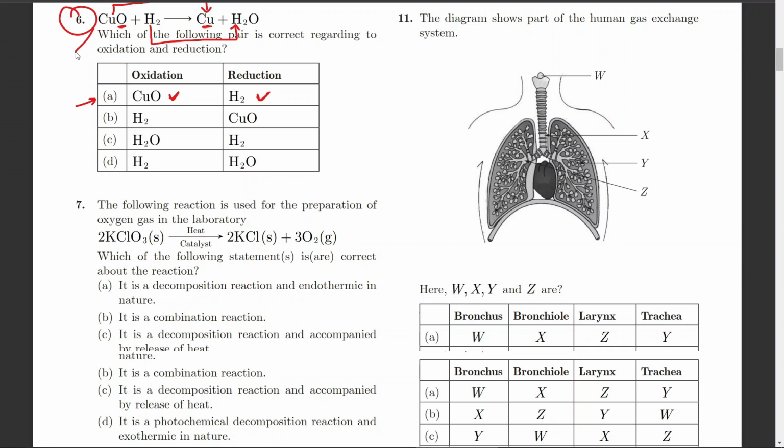So here we can see that copper oxide is losing oxygen and hydrogen is gaining oxygen. That means copper oxide is getting reduced and hydrogen is getting oxidized, right? So oxidation is happening for H2 and reduction is happening for CuO. That means B option is the correct option.